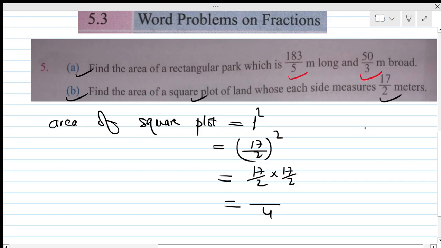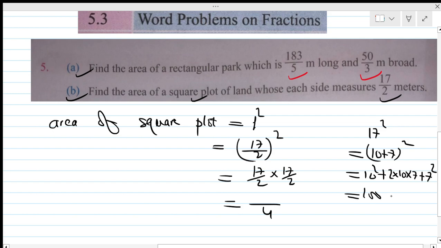If you can't remember it, you can do it by breaking it as 10 plus 7 whole square, using the algebraic identity a square plus 2ab plus b square. So 100 plus 140 plus 49, we get 289. So 17 square is 289. So the area of the square plot is 289 by 4 meters square.